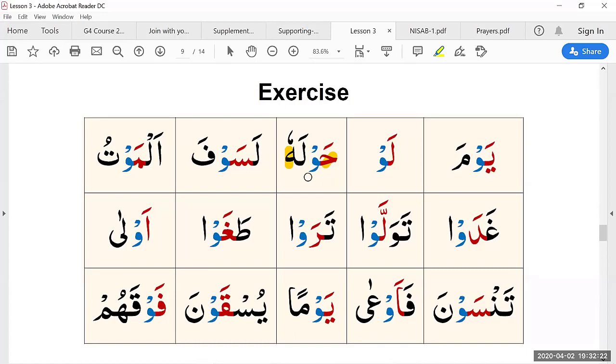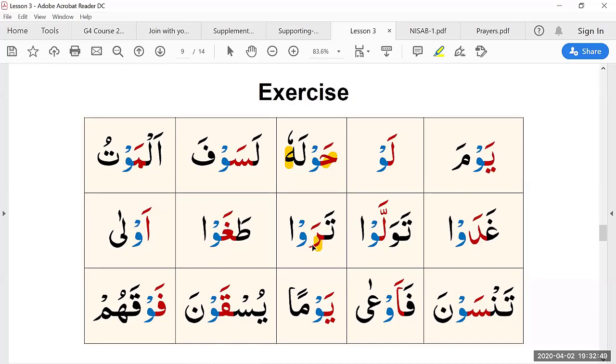Okay. So if you Hawlahu, yes, lasawf. Lasawf. Lasawf. Almawt. Ghadaw. Tawalaw. Taraw. Okay. So I mentioned to one of the previous students as well.